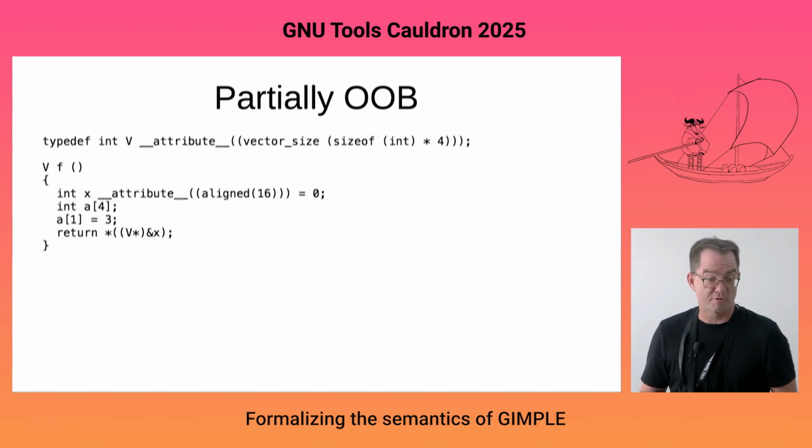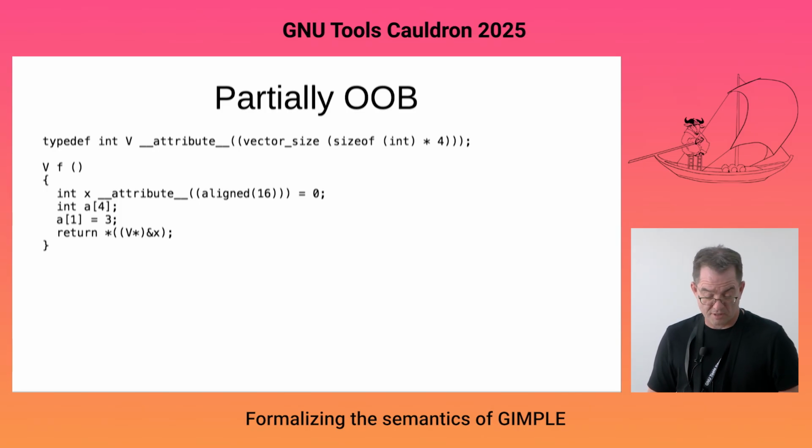And now when this is removed, it changed the result. So this elimination is actually an invalid optimization with the semantics as specified, because the compiler cannot know that this array isn't aliasing with the vector load.